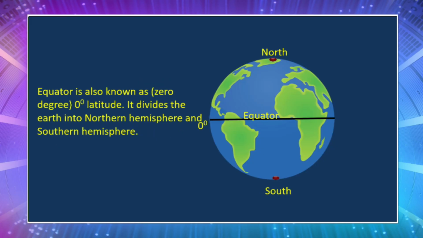Equator is also known as 0° latitude. It divides the earth into northern hemisphere and southern hemisphere. Children, if you see this image, the upper half, that is the area between equator and North Pole, is known as northern hemisphere, and the area between equator and South Pole is known as southern hemisphere.